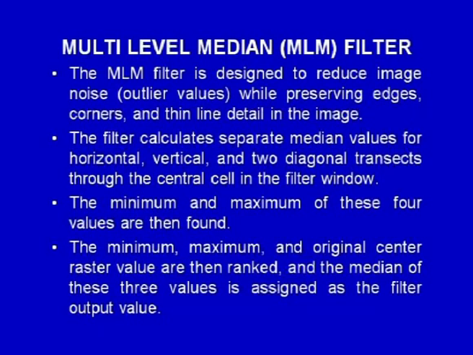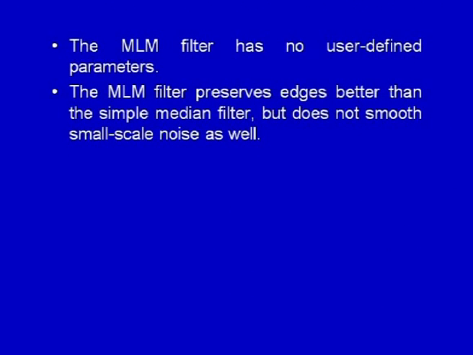The minimum and maximum of the 4 values are then found. The minimum, maximum and the original center raster values are then ranked, and the median of these 3 values is assigned as the filter output value. The MLM filter has no user defined parameters. The MLM filter preserves edges better than the simple median filter, but does not smoothen small scale noise.